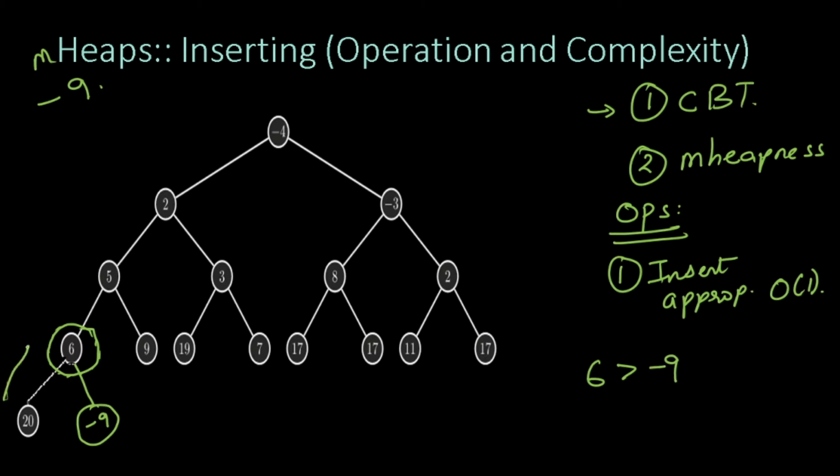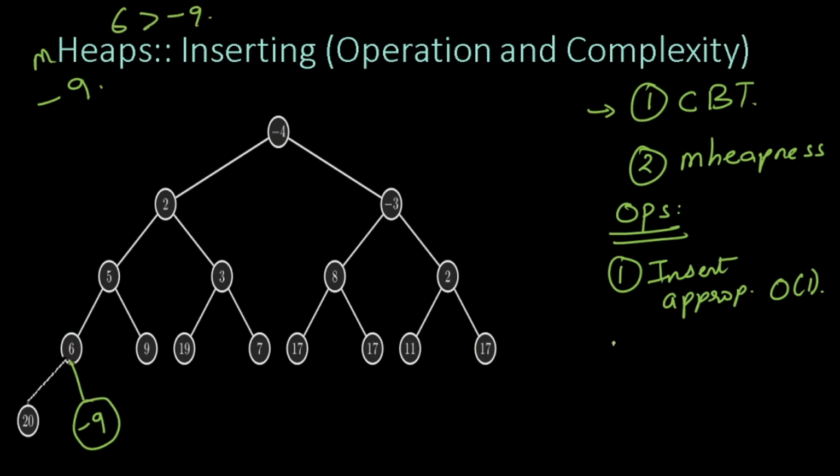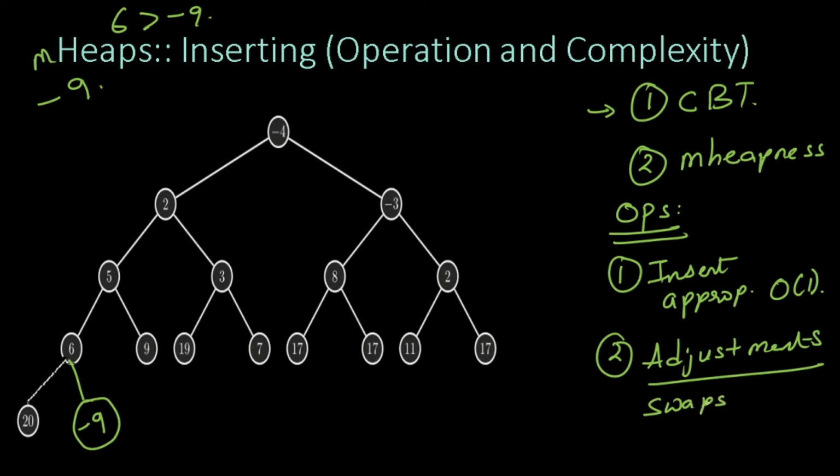So in other words, this structure itself is not a min heap. So we have to do a series of adjustments to ensure that this becomes a min heap. When I say adjustments, what I mean is swaps. Let us see how many swaps we have to do. I'll run through this algorithm quickly and it will make sense once you watch me in action.